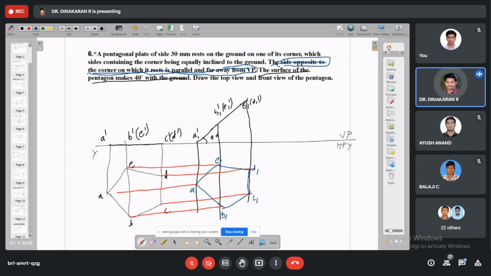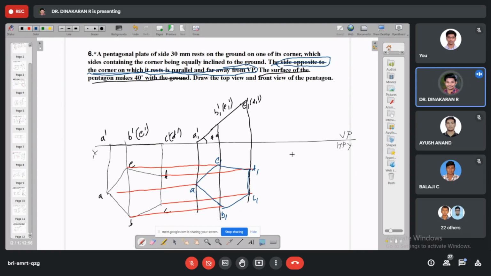So which one is the corner? We know A is the corner. Opposite to the corner, which edge is it, C1 D1 or E1 B1? So C1 D1 is the edge opposite to the corner. The A is the corner, the opposite is the C1 D1 edge, and that is far away from the VP.